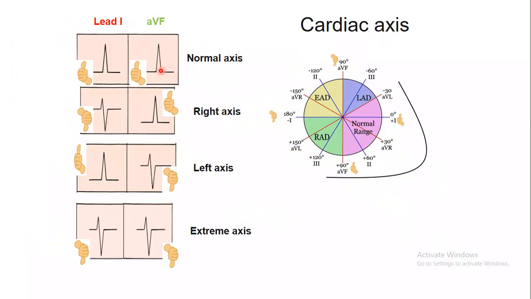You put your right hand on aVF and your left hand on lead 1, and the direction of the thumb will direct you to the axis of the heart. So if the QRS complex is predominantly positive in aVF and lead 1, with the thumb up in both leads, this is normal axis in this zone.